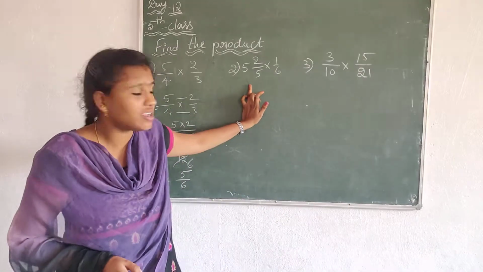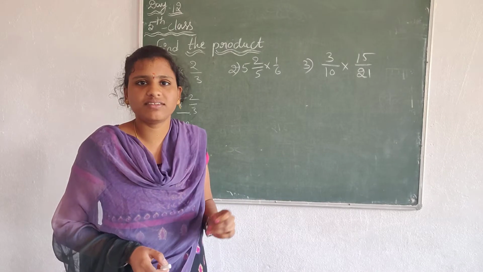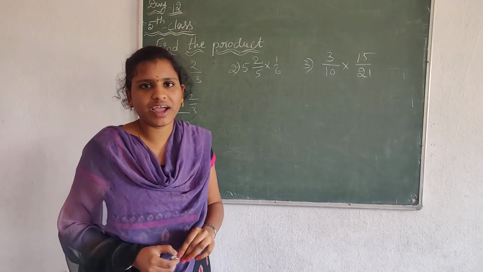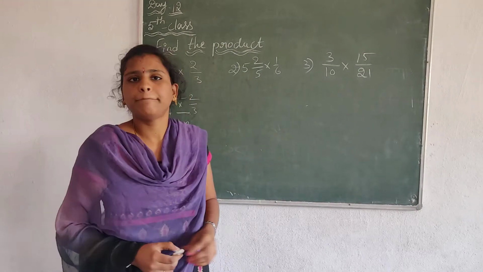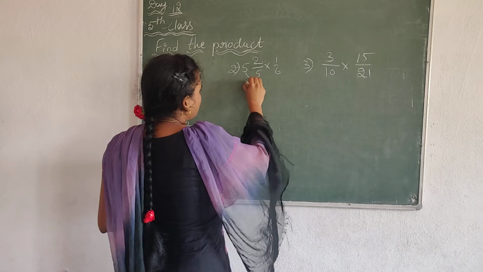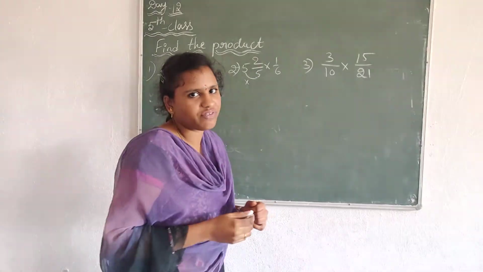What is the fraction? This is a mixed fraction, right? It has a whole number and a proper fraction. Let's take this number and first convert it into an improper fraction.